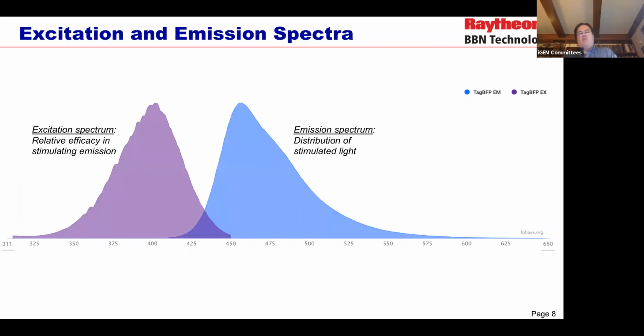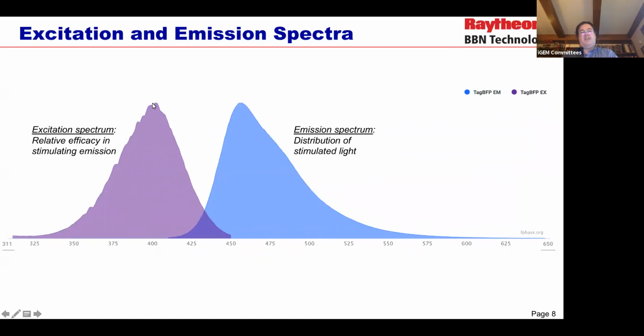Let me talk about one more key thing before we do a pause for questions, which is these excitation and emission spectra. Here's an example of excitation and emission spectra with the tag BFP blue molecule. So over on the left, this purple is tag BFP's excitation. This is how efficient a particular frequency of light is in stimulating emission.